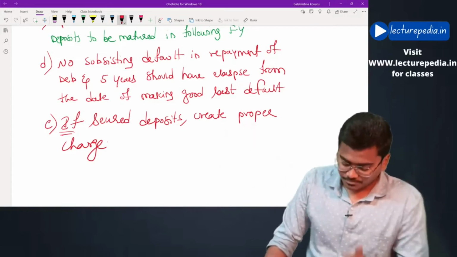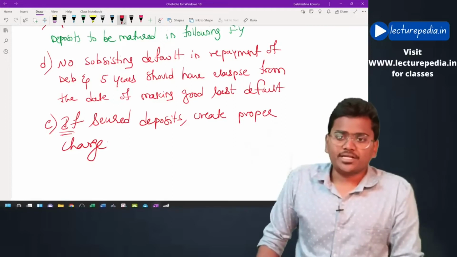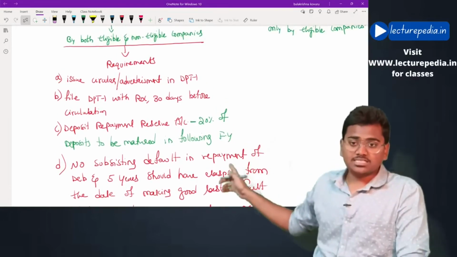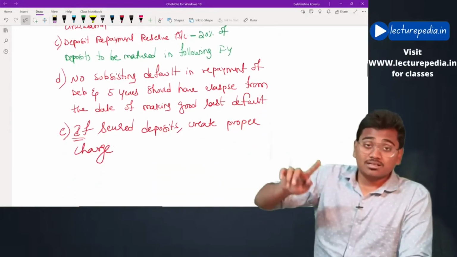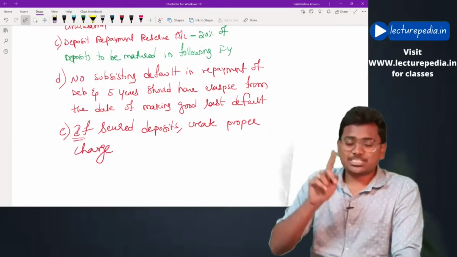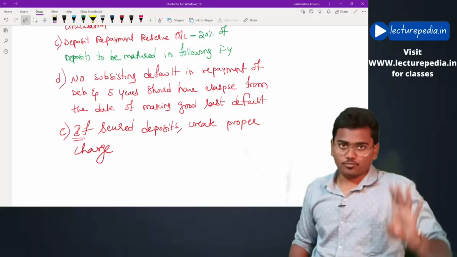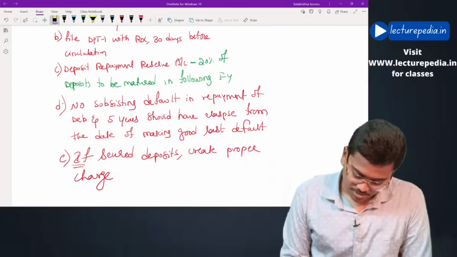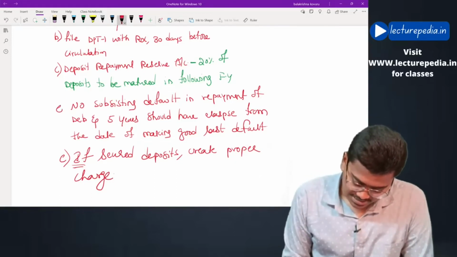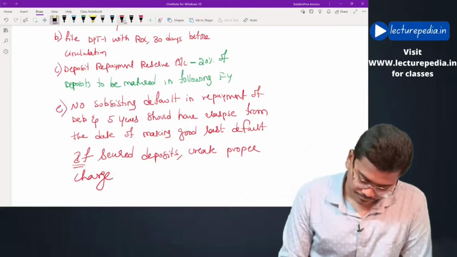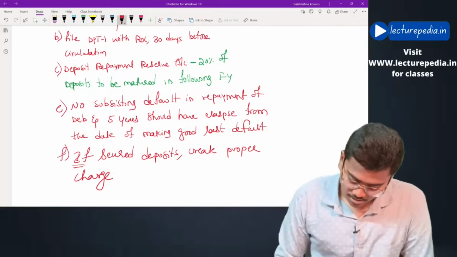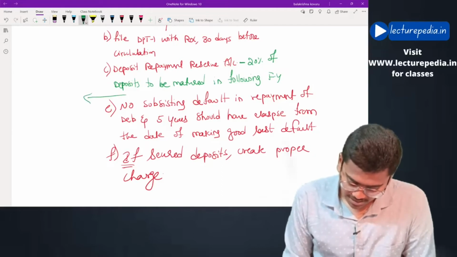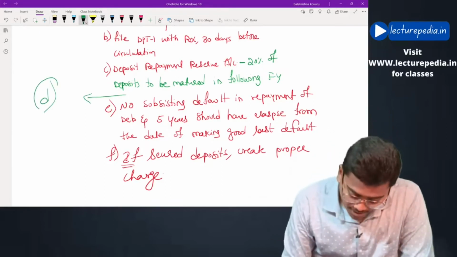Hope this is clear. Now there is another point. Generally in the Bare Act, here we have discussed 5 points: A, B, C, D, E. Basically in the Bare Act, earlier we were having 6 points: A, B, C, D, E, F. Actually, this point is not D, this is E and this is F. In the middle we were having point D, but now this D point has been omitted.